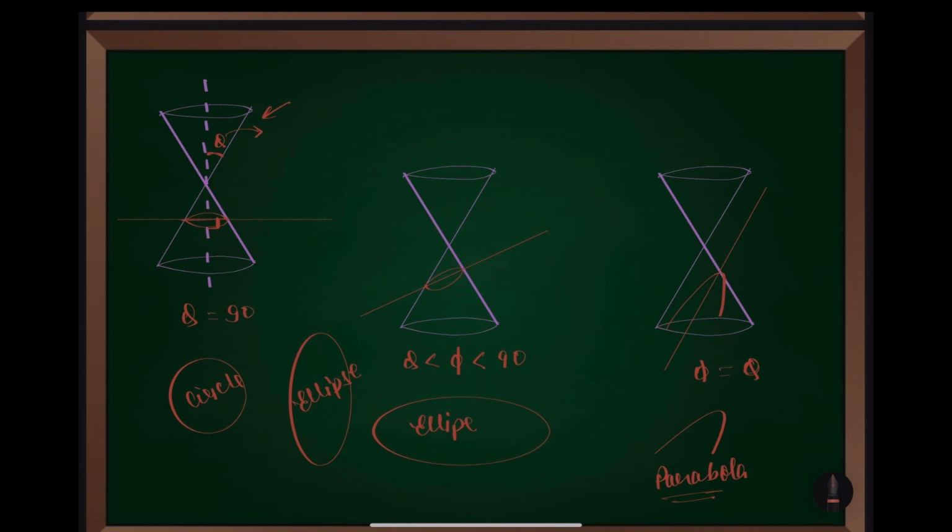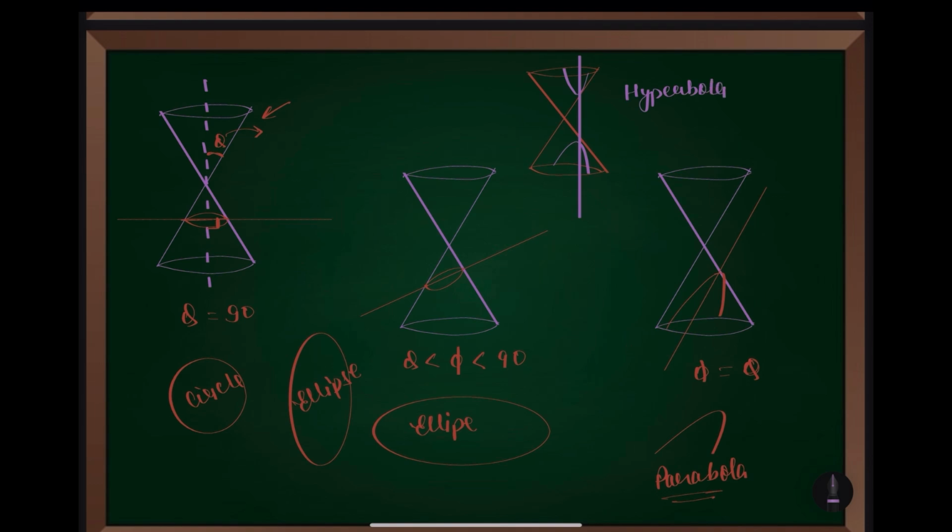Now I'll draw again. Suppose you are in this situation, and your plane is passing in such a way that it is going in this situation. You will have this thing along with this thing, so both are coming together. So this is a hyperbola.